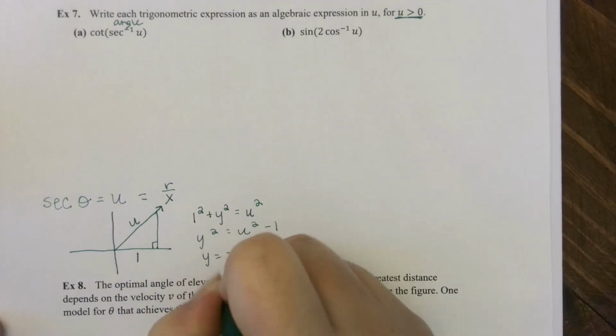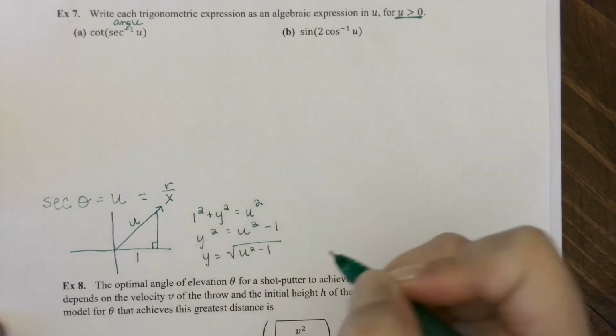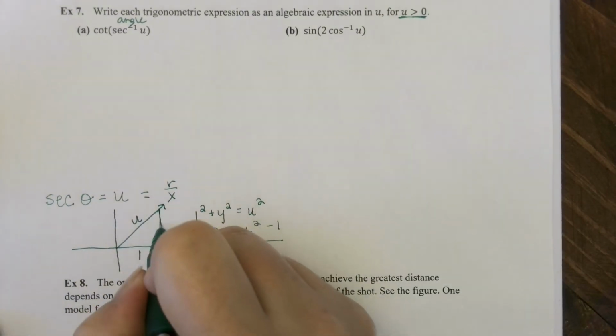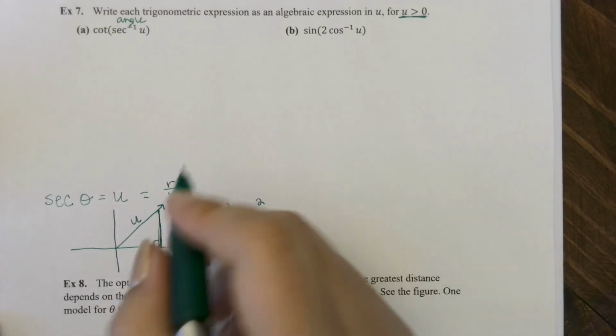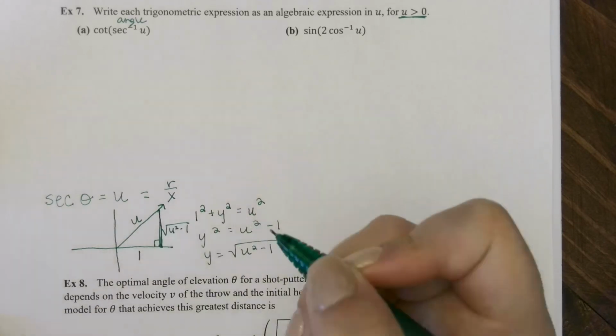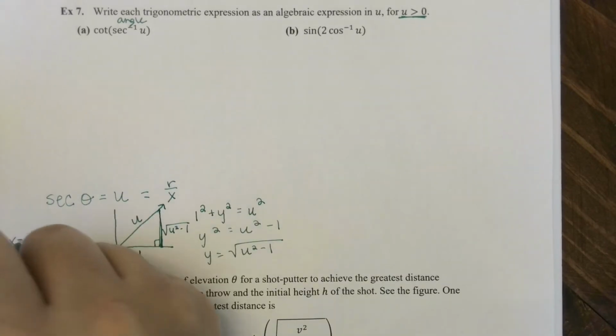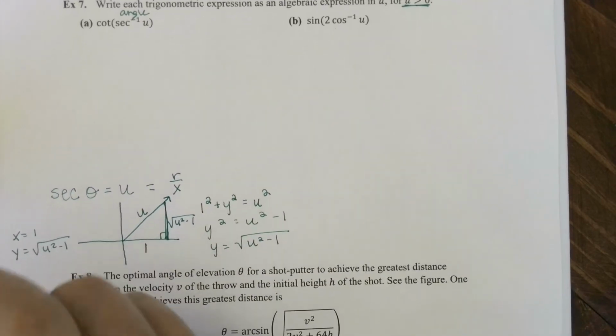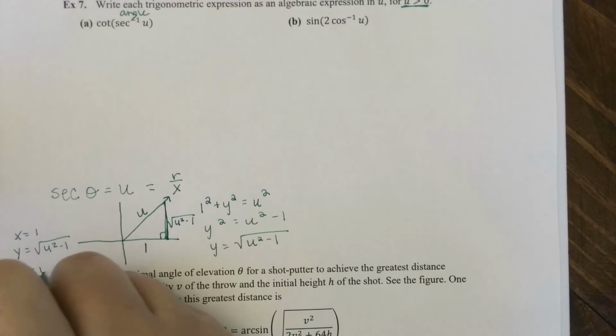So y equals the square root of u squared minus 1. We know this is positive because we're in quadrant 1. So x equals 1, y equals the square root of u squared minus 1, and r equals u.